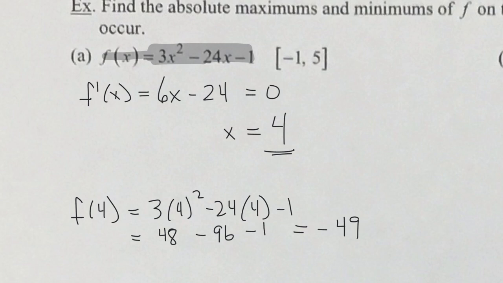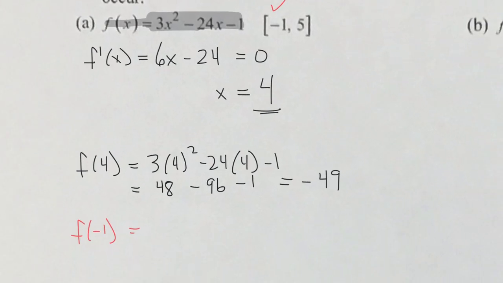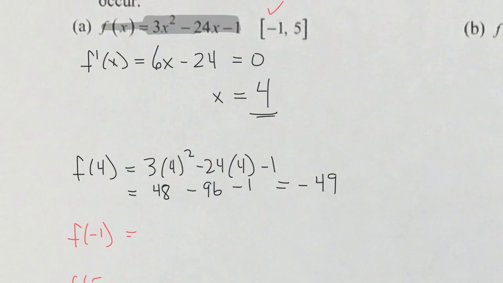So f at 4 is negative 49. Now we need to check our two endpoints. So what is f at negative 1? And what is f at 5? So you check your critical value where your derivative is 0. This is your critical value, and these other two are your endpoints.